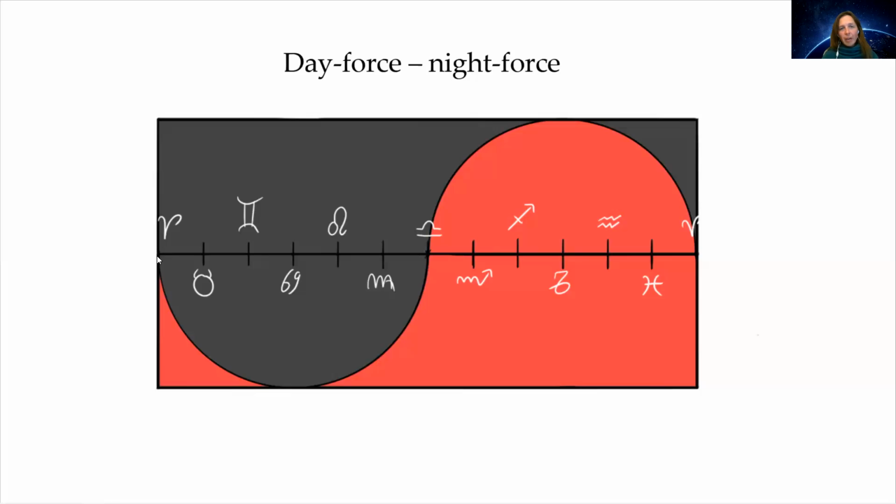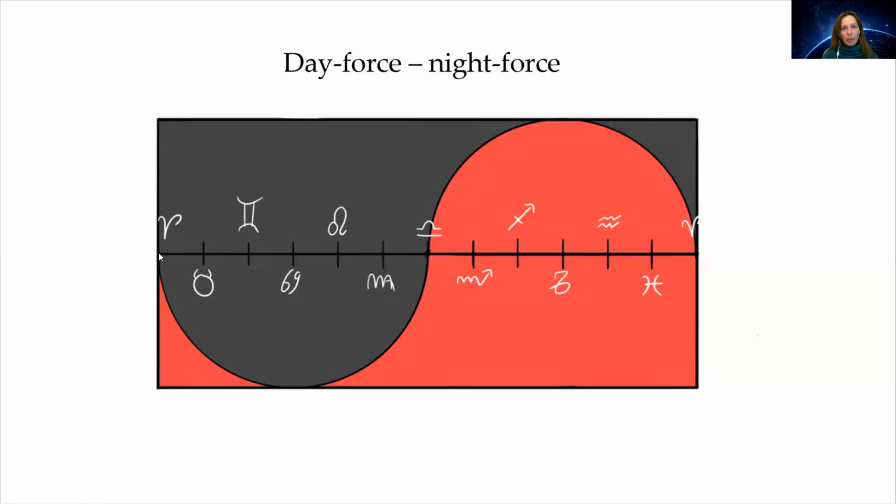When we start here in Aries, we have an equal amount of day and night. I know it doesn't seem very logical, but black is actually the day force, the yang force, and the red is the night force, the yin force.